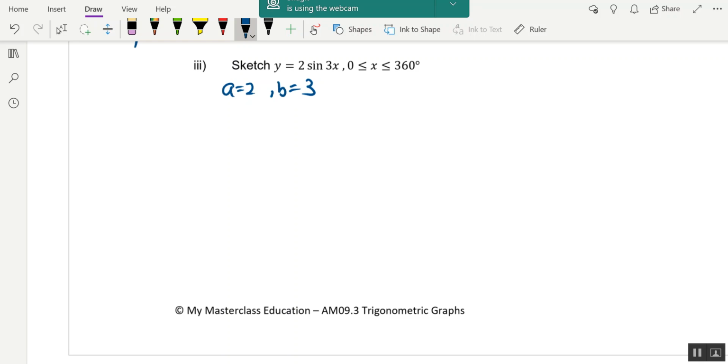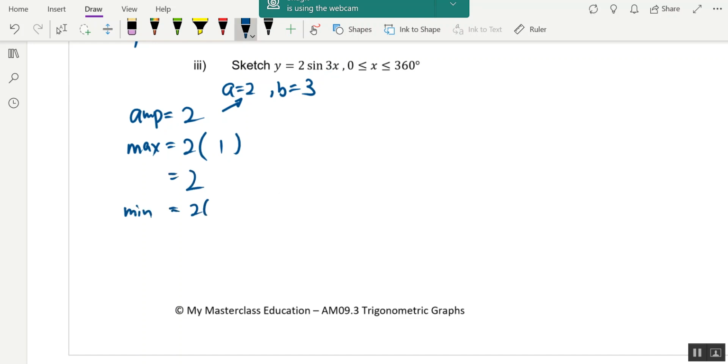First, the amplitude will be equal to 2 because amplitude is equal to a. That means from the middle point to the highest point, there must be a difference of 2 units. Look how I get the maximum. Maximum is equal to 2 times 1 because the maximum of a sine curve is 1, so it's 2.